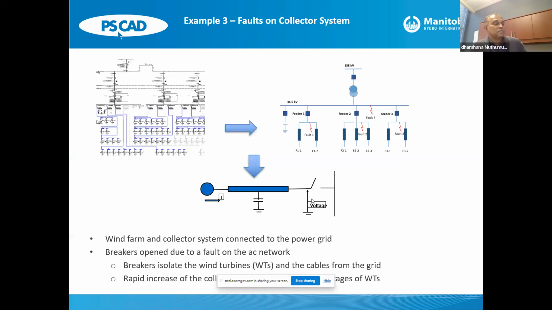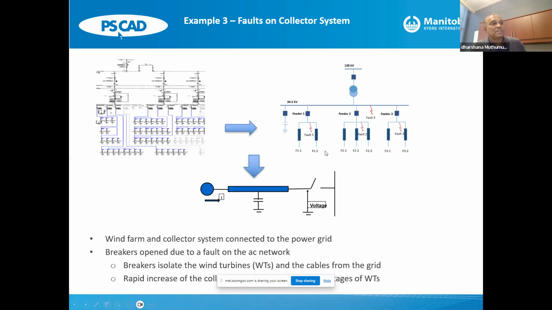There are some other examples which I will skip through very fast because of the time constraint. In Texas, in the US, faults on the collector feeders is a mandatory study requirement, right?